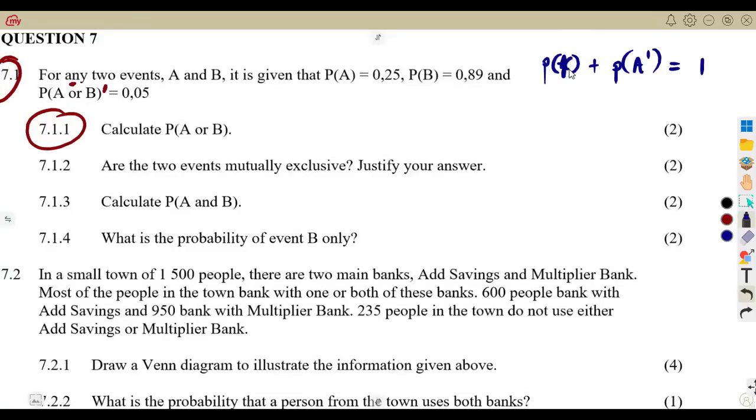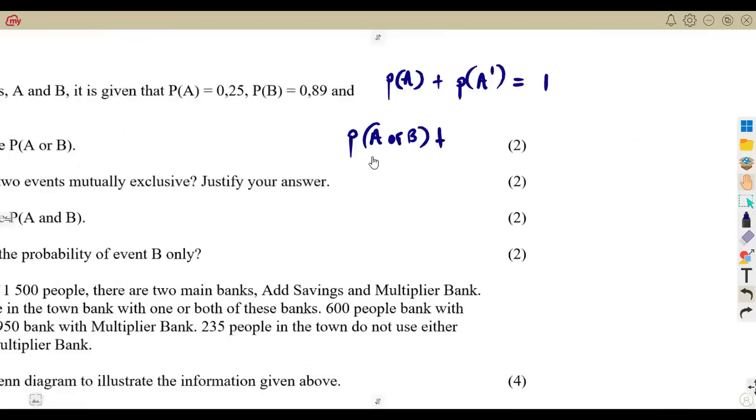If it is B, this is B complement. So if I use the probability of A or B plus its complement, A or B remains as it is, but with its complement we are supposed to get 1.